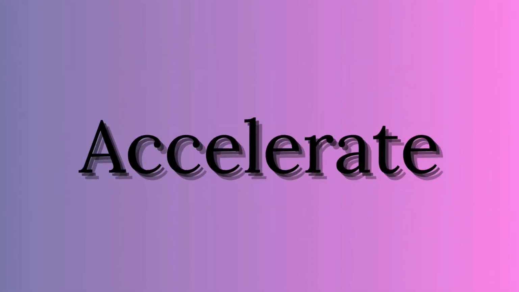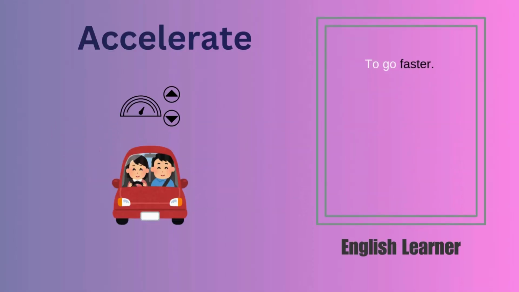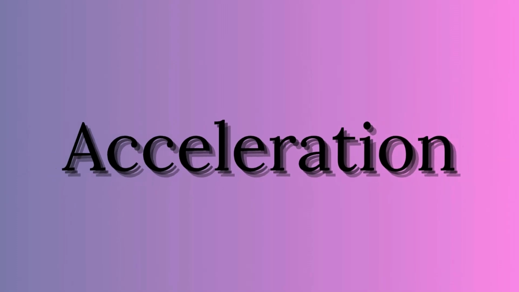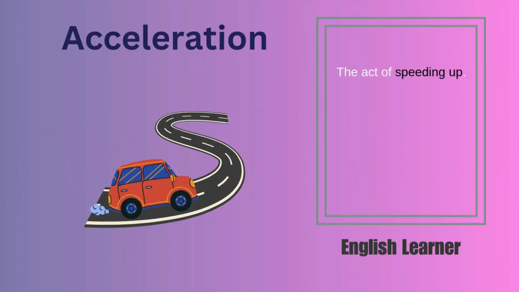Accelerate. To go faster. Example. The car began to accelerate on the highway. Acceleration. The act of speeding up. Example. The car's acceleration made it go faster on the highway.